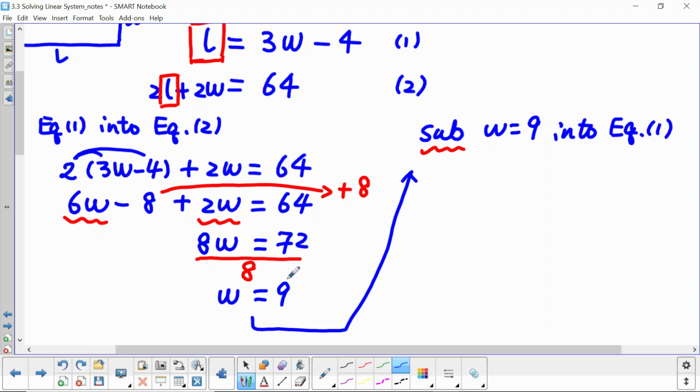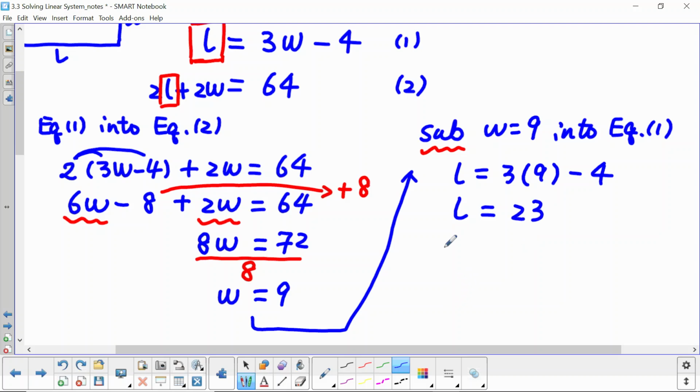So sub W equals 9 into equation 1, then we are going to have L equals 3 times 9 minus 4. 3 times 9 give you 27. 27 minus 4 give you 23.